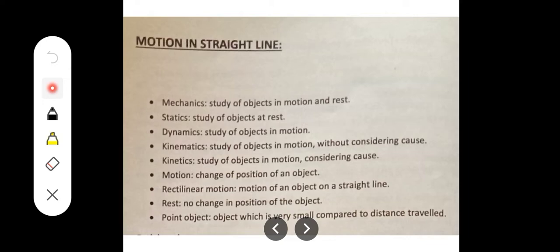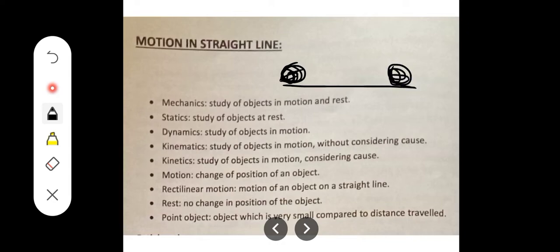Okay. Then we are talking about motion in straight line, right? So we have to understand what is motion. When we say an object is under motion, change in position of an object can be said as motion. Change in position of an object is called motion. Suppose you have an object here, after some time, you see the object reaches here.